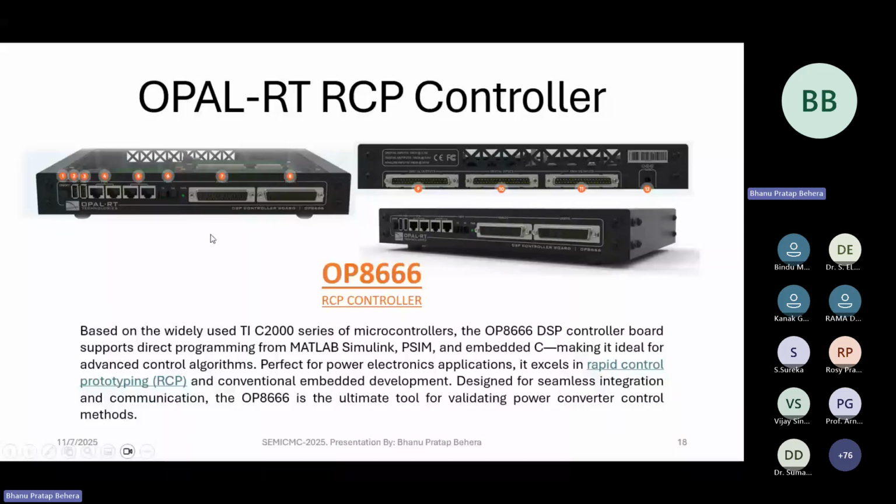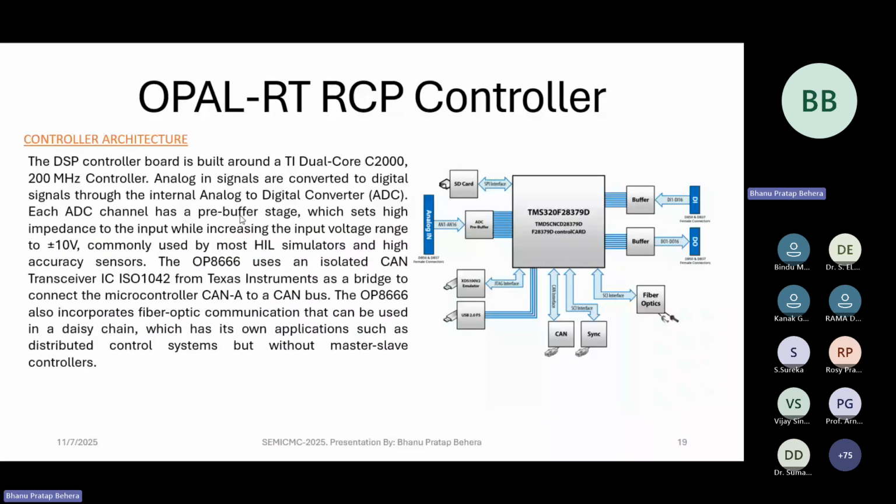This is like a development board for the C2000 made by OPAL-RT, or compatible with OPAL-RT real-time targets. If you see, the same TMS board is used, and the signals it gives, analog in and digital out, are at the level of OPAL-RT, or at the level of real-time targets.